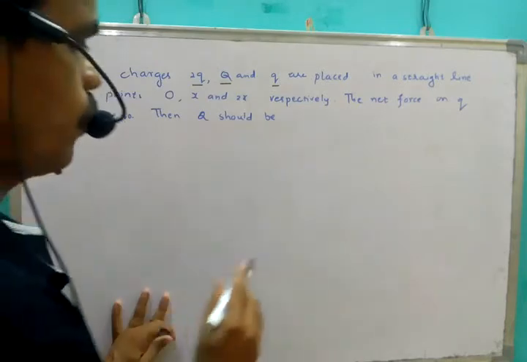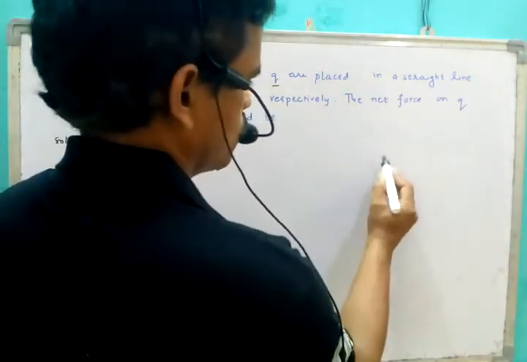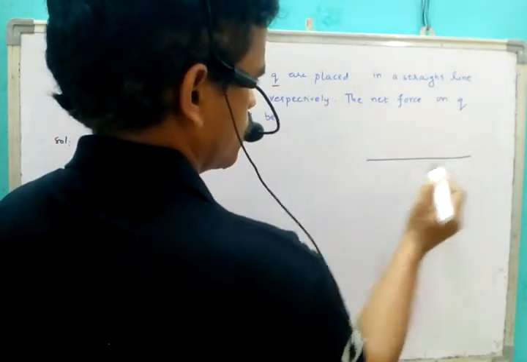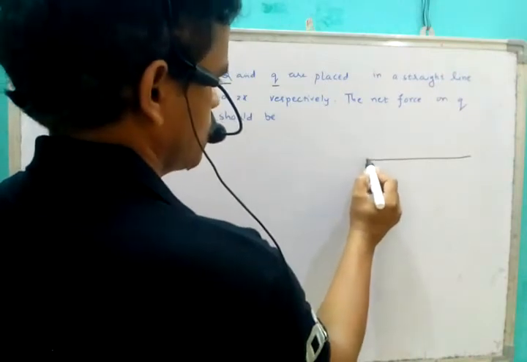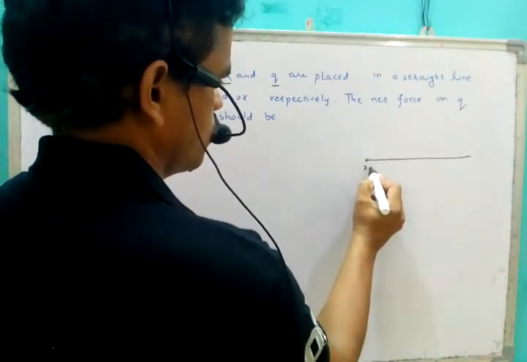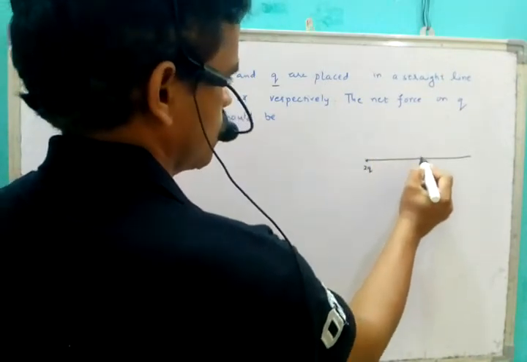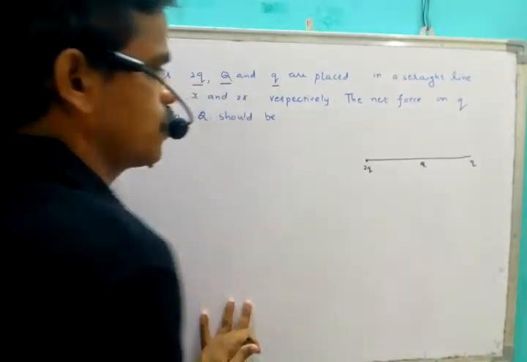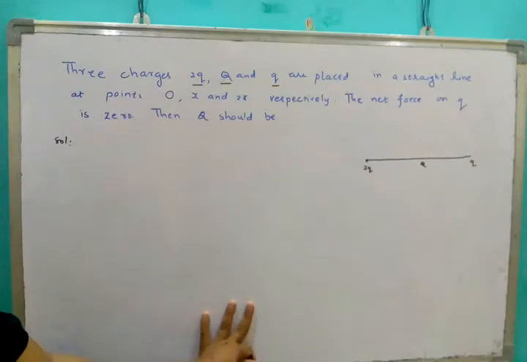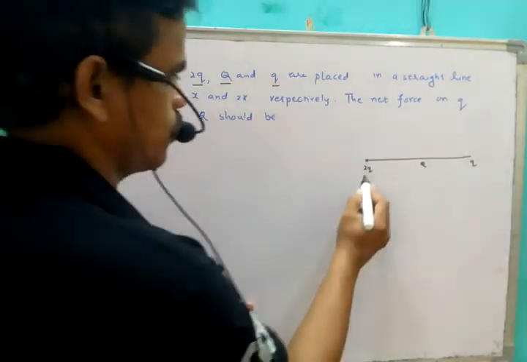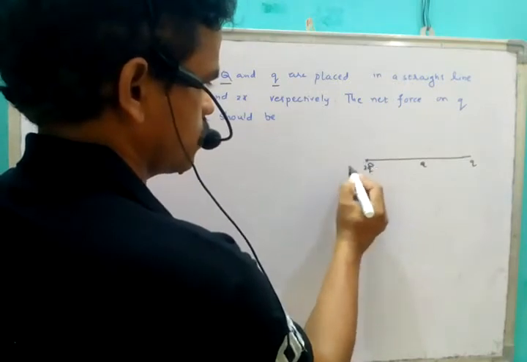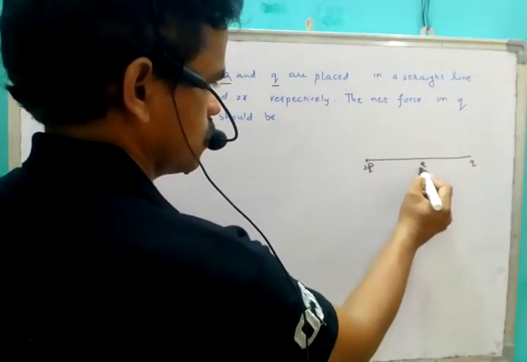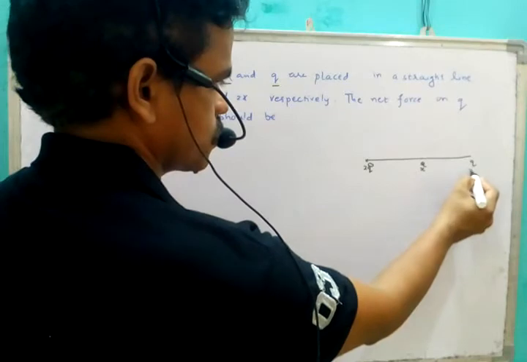See here, this is a straight line. One charge is 2q, one more is Q, one more is small q. Three charges are placed in a straight line at points O. This is the point O, the origin, this is the distance x, this is 2x.